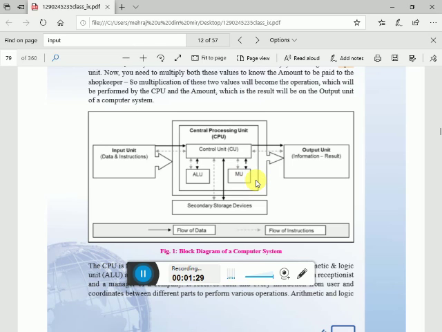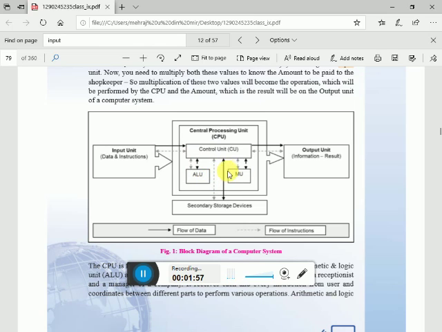These different units have different functions to do. For example, this control unit is like a traffic policeman and manages all the operations of a computer. And then the arithmetic logical unit, ALU, performs all arithmetic calculations and logical operations in a computer.